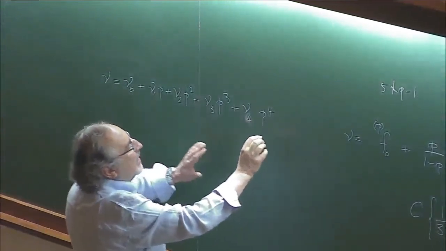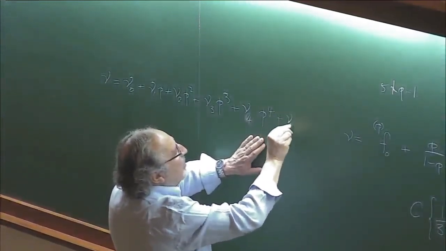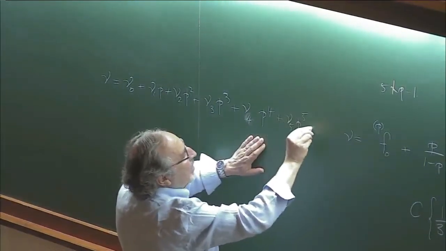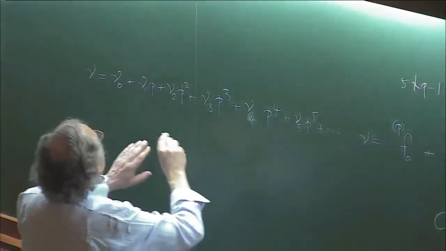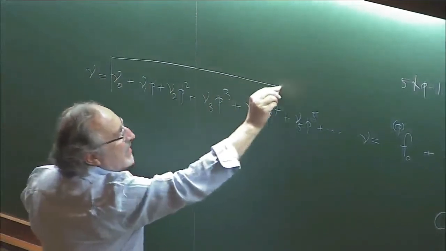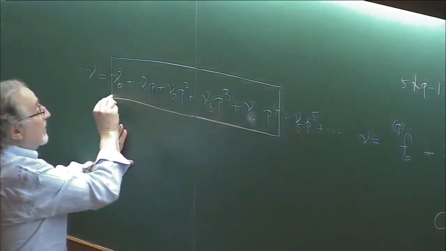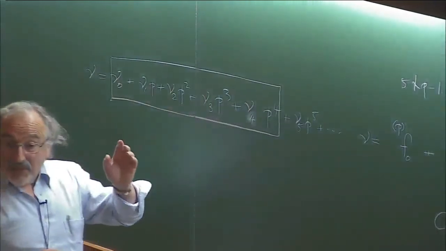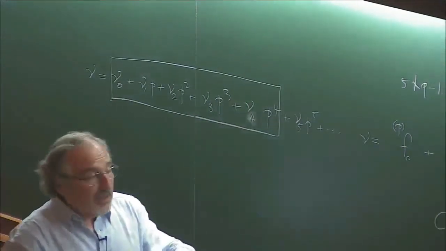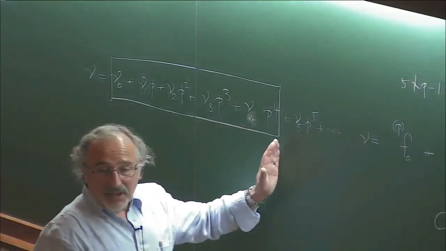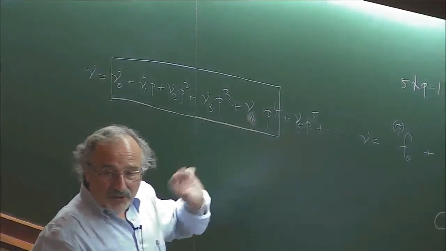We were giving an answer which went on, plus nu 5, p to the 5th, plus, and you were saying, well, we know that only this bit is what you need. So you do the calculation and then you stop. And the first 4 terms are what you want.